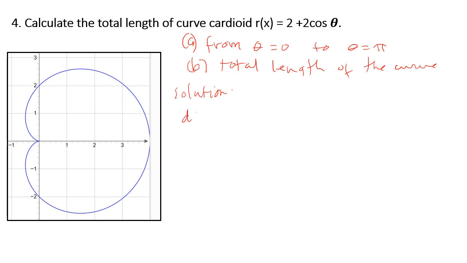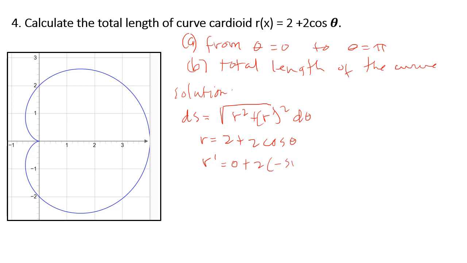Here, ds equals the square root of r squared plus r prime squared d theta, where r equals 2 plus 2 cosine theta, r prime equals 0 plus 2 times minus sine theta d theta, and r squared equals 4 plus 8 cosine theta plus 4 cosine squared theta.